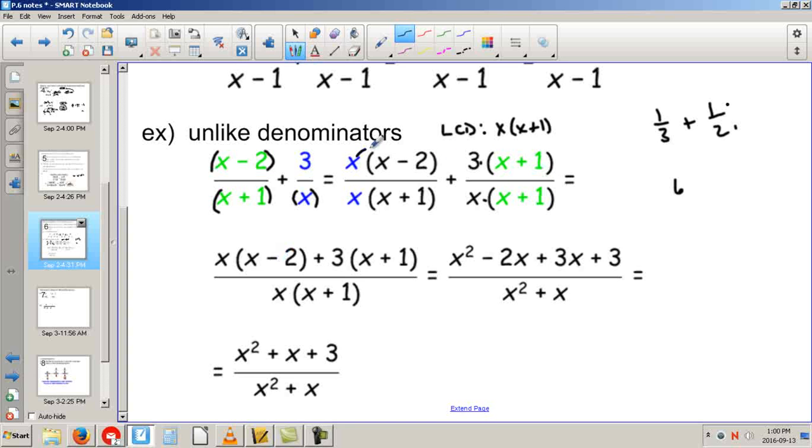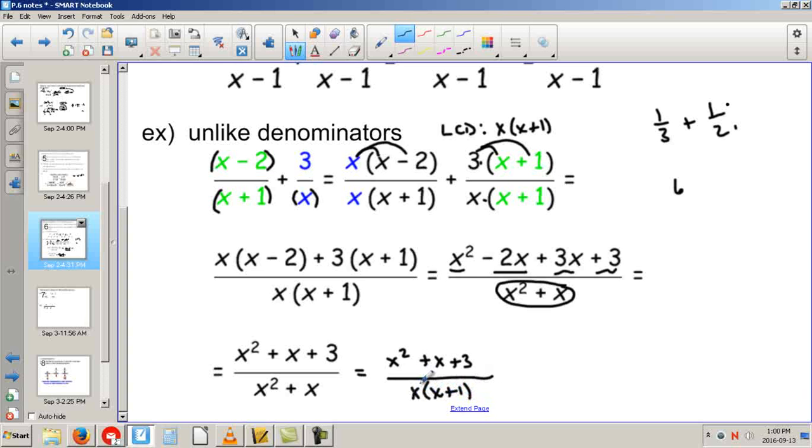X times x minus 2 is x squared minus 2x. 3 times x plus 1 is 3x plus 3. We can combine like terms. Now, notice they multiplied the denominator together. And that's okay, but I'll tell you right now, my preferred answer here most of the time is x squared plus 3 over x times x plus 1.